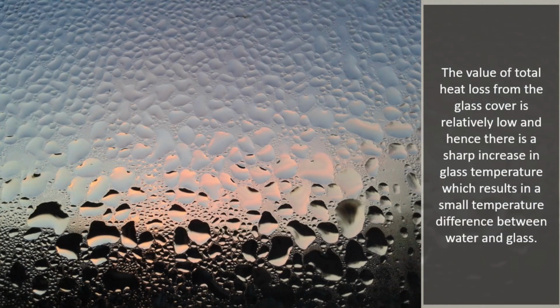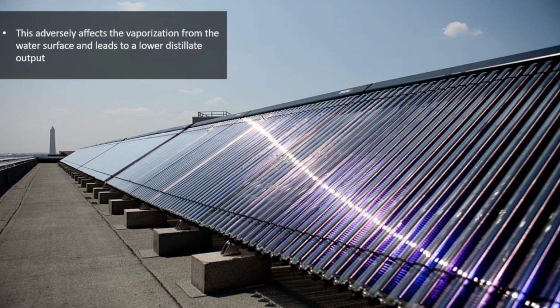The value of total heat loss from the glass cover is relatively low, and hence there is a sharp increase in glass temperature, which results in a small temperature difference between water and glass.